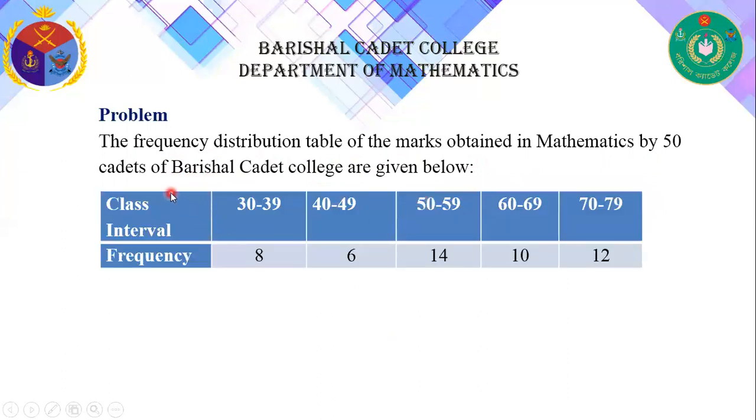Class interval and frequency: 30 to 39, 8 cadets; 40 to 49, 6 cadets; 50 to 59, 14 cadets; 60 to 69, 10 cadets; 70 to 79, 12 cadets. Draw the histogram of the data with description.